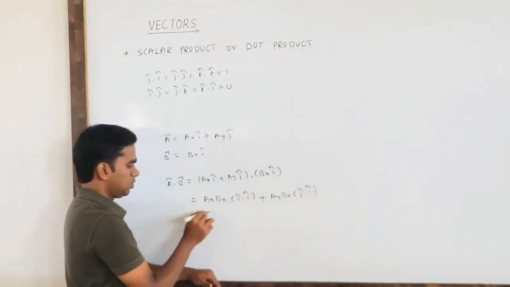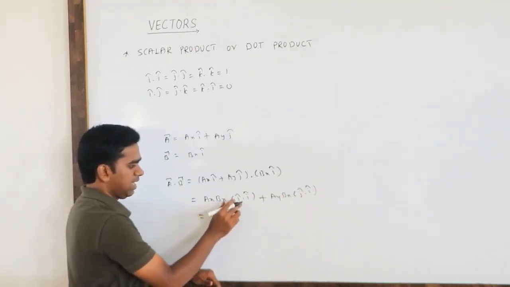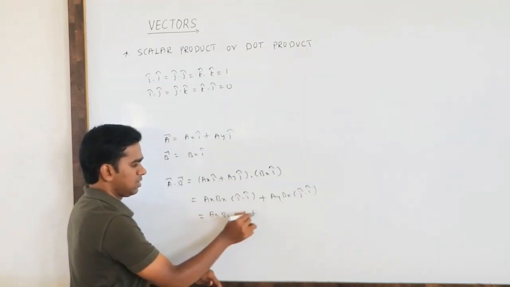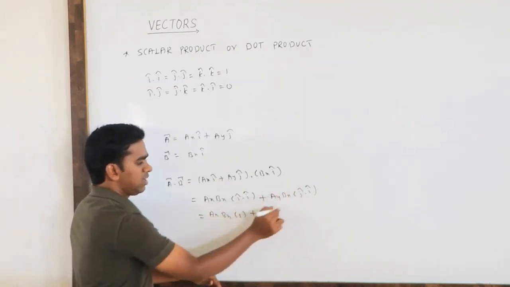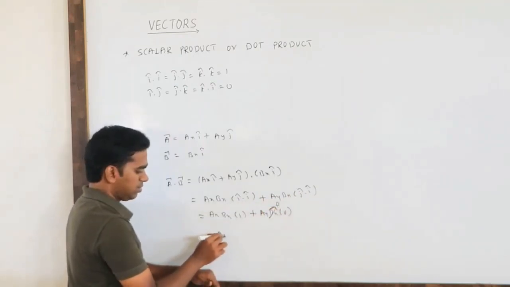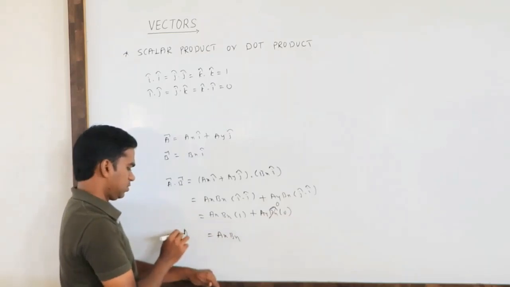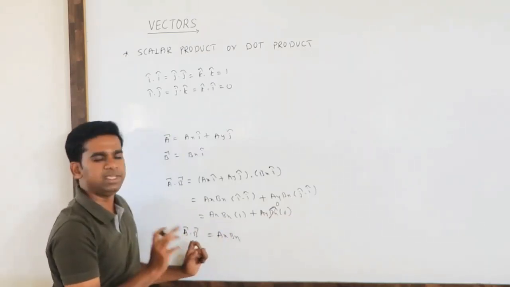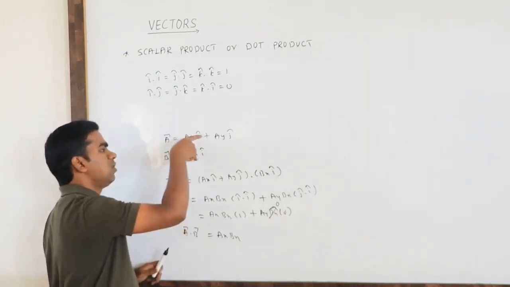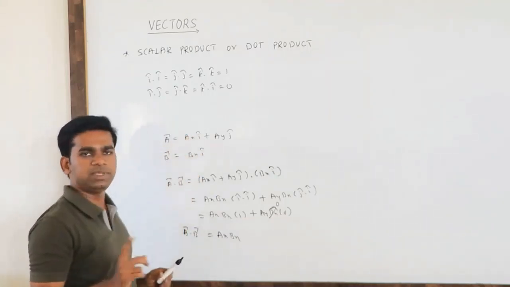So AX BX I dot I is what? 1. So AY BX, but J dot I is what? 0. So this is going to be 0. So your answer will be only AX BX. So A dot B is going to be only AX BX. So which is the common in both? That is going to be the answer.